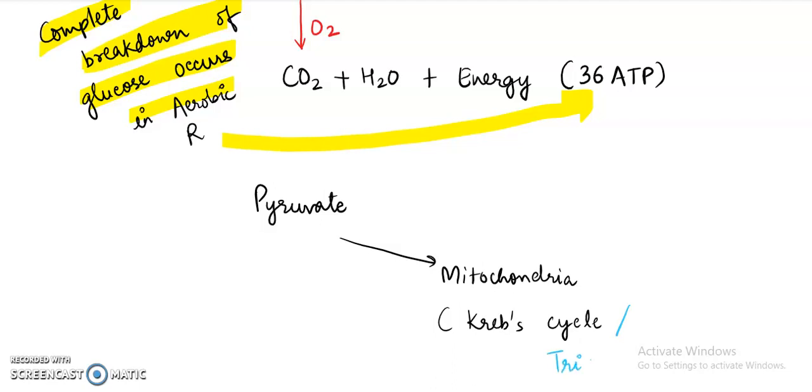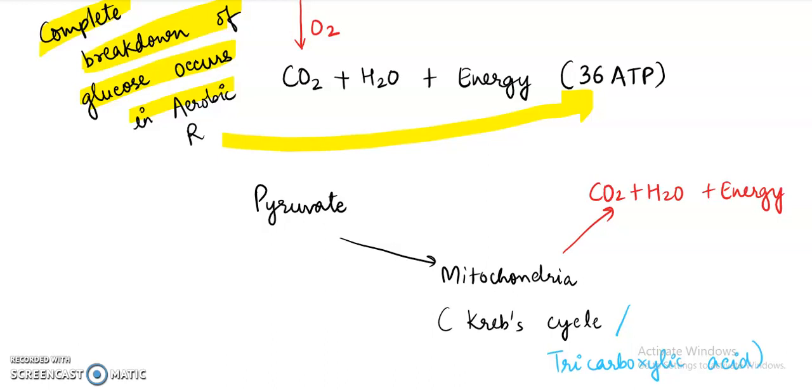It is also known as the tricarboxylic acid cycle, which occurs in the mitochondria, and it results in the formation of CO2, H2O and energy. So which cell organelle is finally helping in ATP production? Mitochondria. Which cycle is occurring in it? Krebs cycle, which is also known as the tricarboxylic acid cycle.